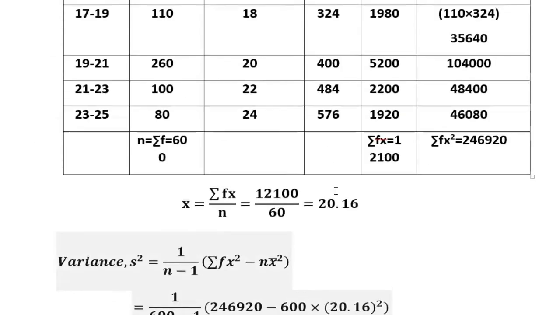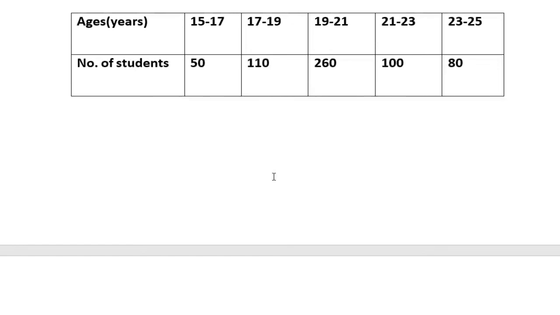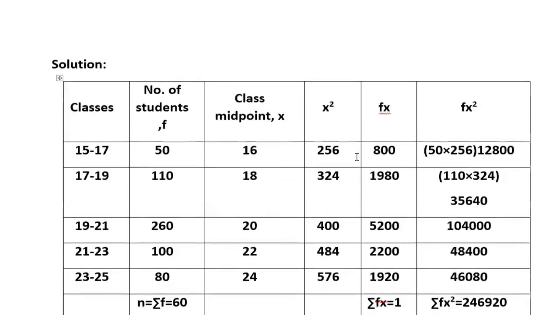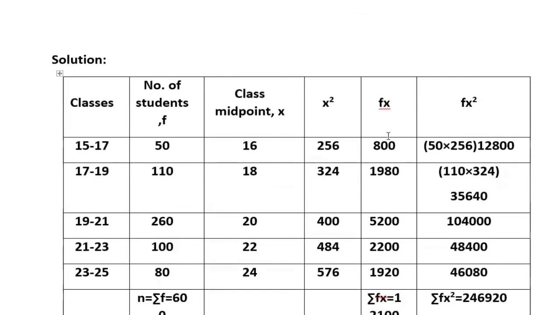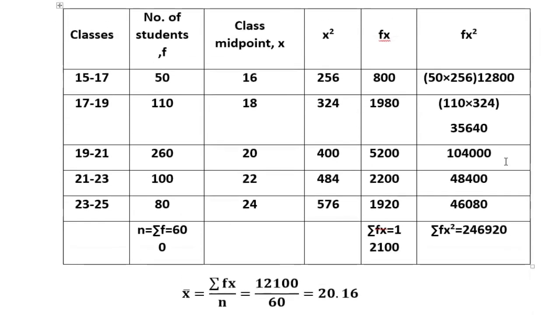So this is the way to calculate the variance and standard deviation for the group data. I put an example with hints on how to calculate it. You can do it very easily in Excel. I'll show in Excel how to calculate it. Also, you can do it in the statistical program R.